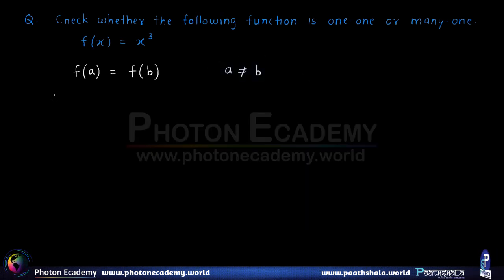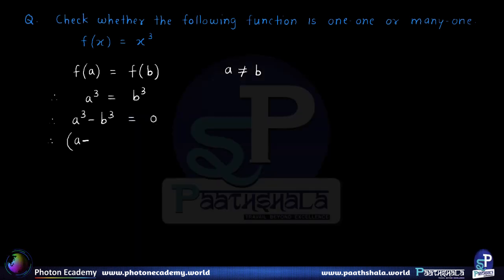Now if f of a equal to f of b, then we can definitely write a cube is equal to b cube, right? So on simplifying further, we have a cube minus b cube is equal to 0, and hence on factorizing the left hand side, we have a minus b into a square plus ab plus b square is equal to 0, right?